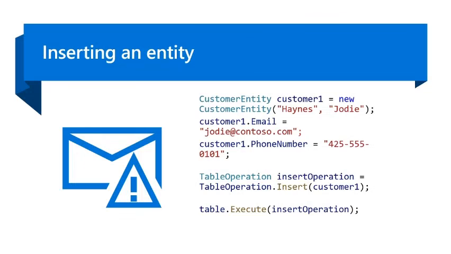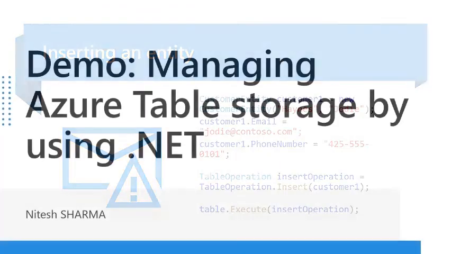So you see here, insertOperation equals TableOperation.Insert(customer1), which we created here, and then table.Execute(insertOperation). The operation we just created, we need to execute it, so then it's inserted.